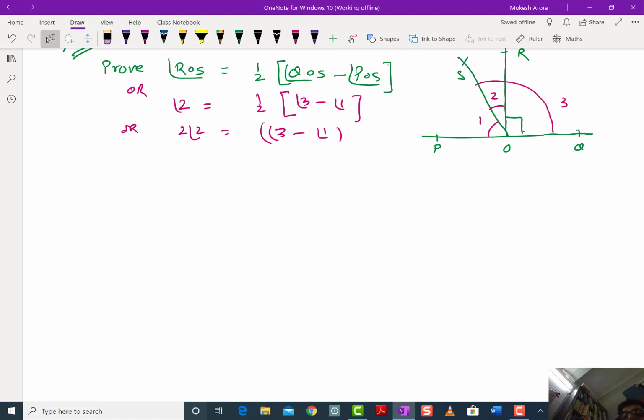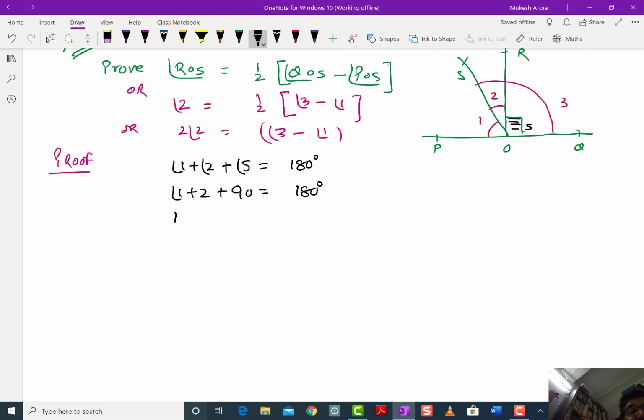By the information, angle 1 plus angle 2 plus angle 5 is equal to 180. So angle 1 plus 2 plus 90 is equal to 180. Therefore angle 1 plus 2 is equal to 90, and angle 5 is also equal to 90.